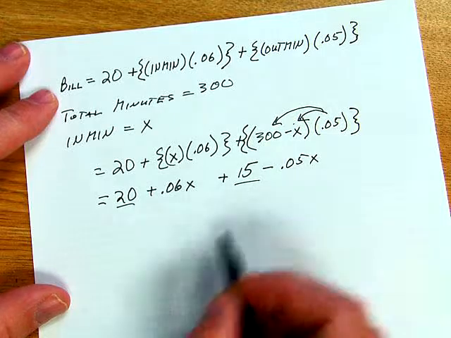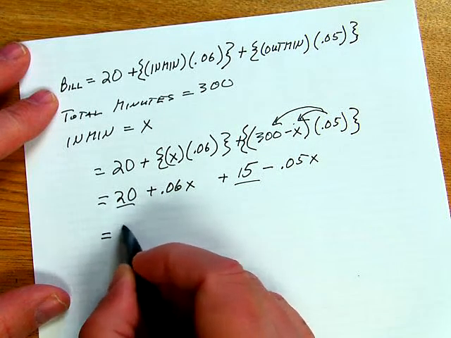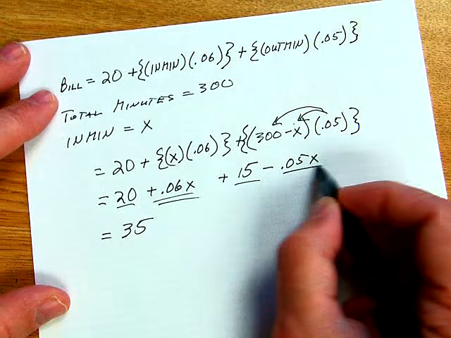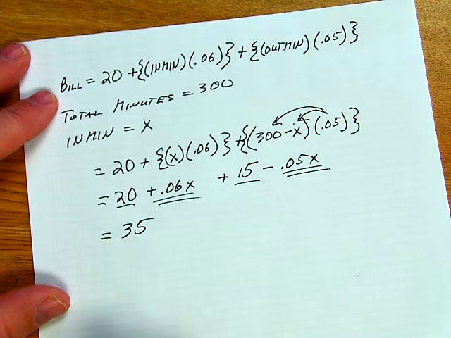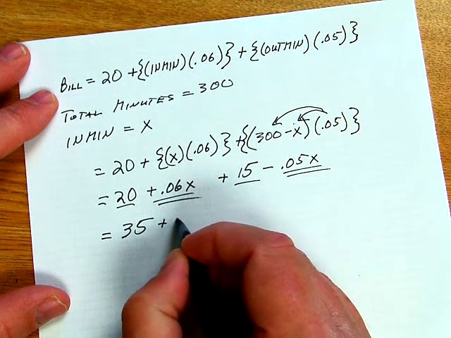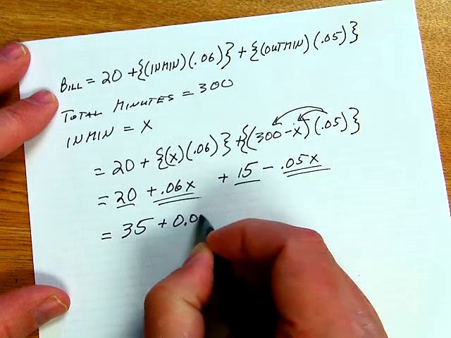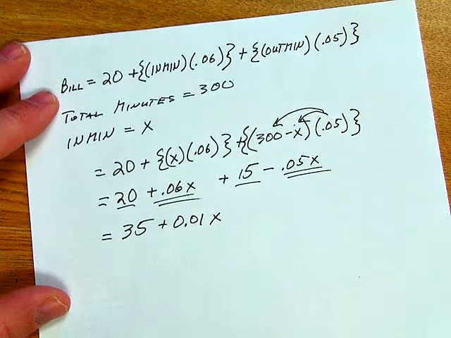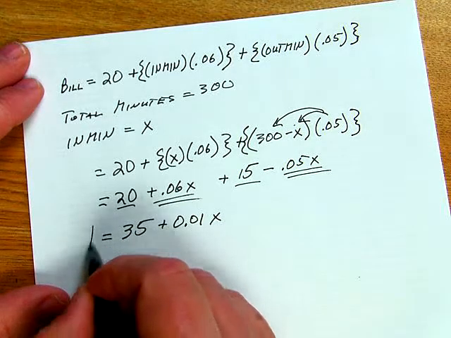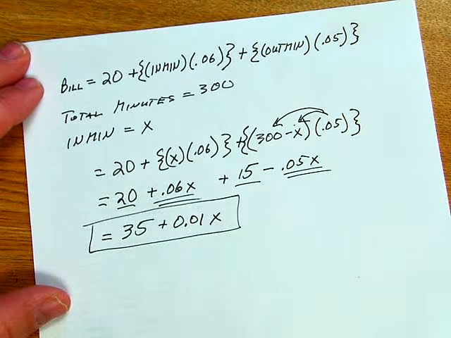There's a single number, so I'm going to add that to be 35, and there's an X term: 0.06 minus 0.05 is 0.01X. And now that is the calculation for my bill based on number of in-state minutes.